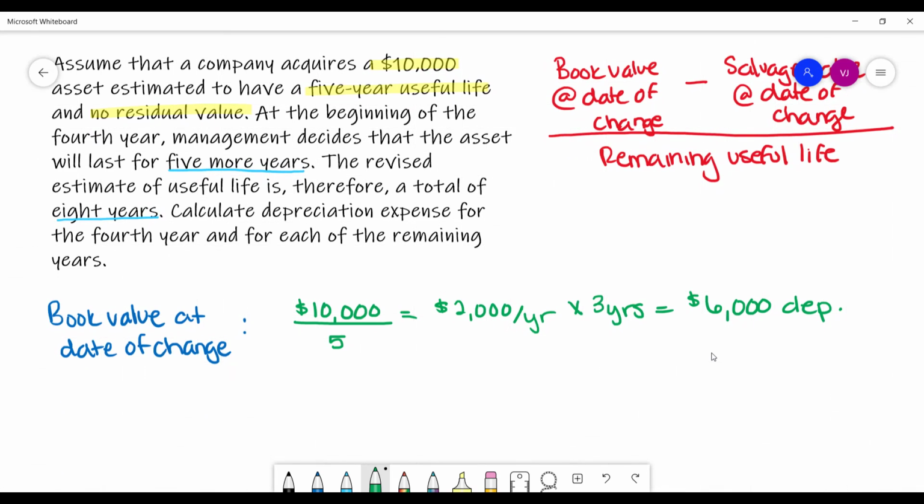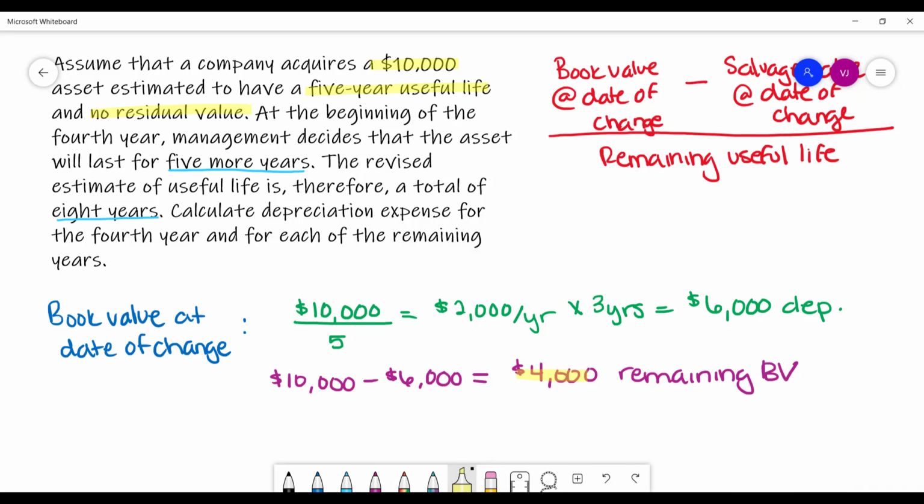So if the original cost of this asset is $10,000, but $6,000 of it had been depreciated, we can see here that the remaining book value is $4,000 of this asset on the date of this change. So that's the remaining book value. So this remaining book value of $4,000 is what we're now going to use to find the depreciation expense to be recorded for the remaining years.